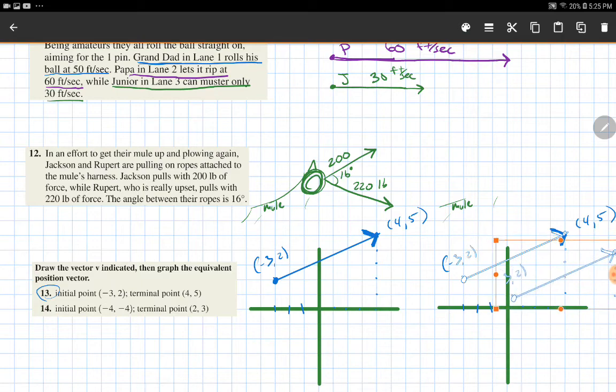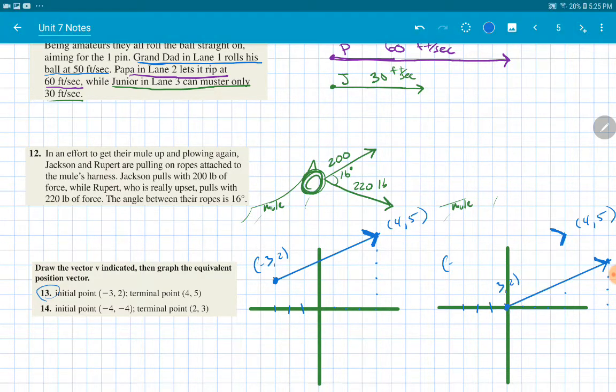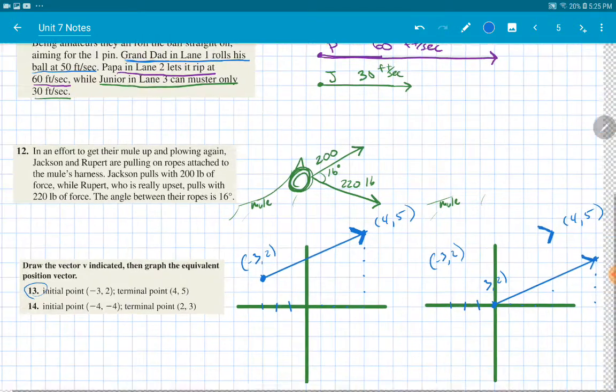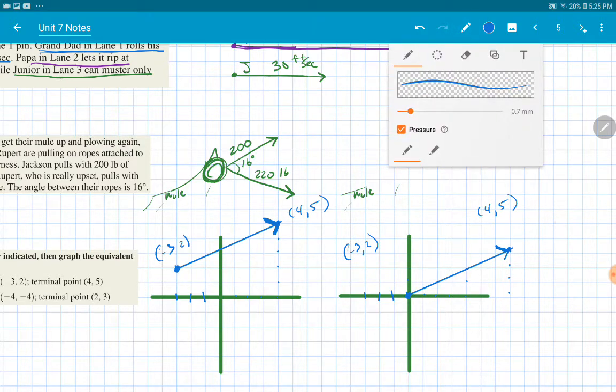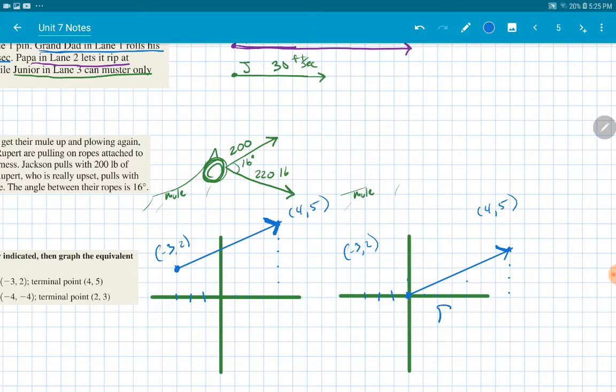Oh well. And it lands there, sort of. So this is a position vector now. This is the position vector that corresponds with the vector for number 13.